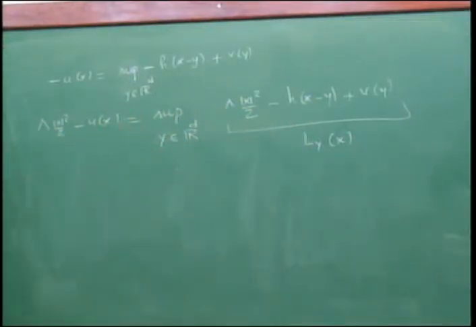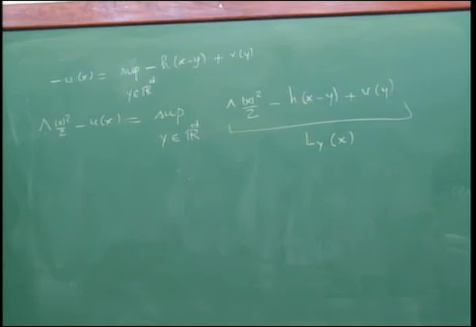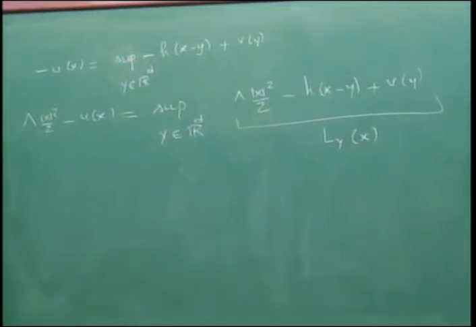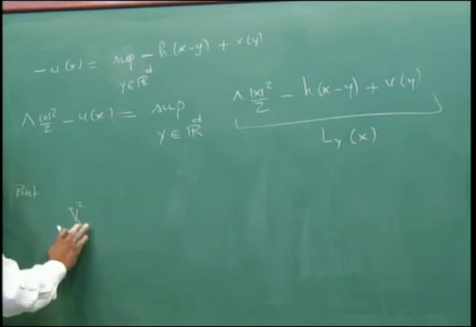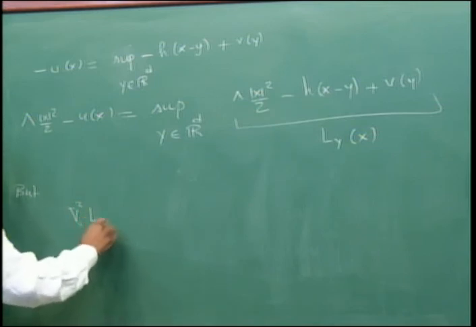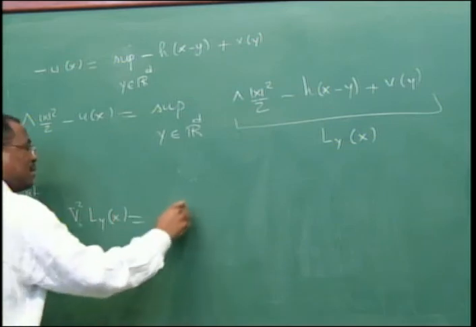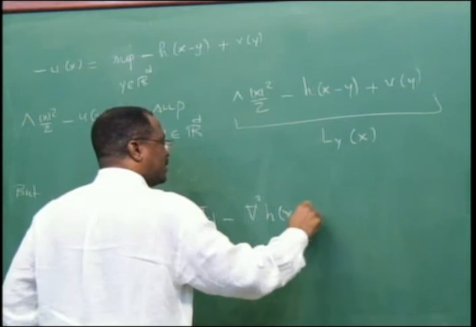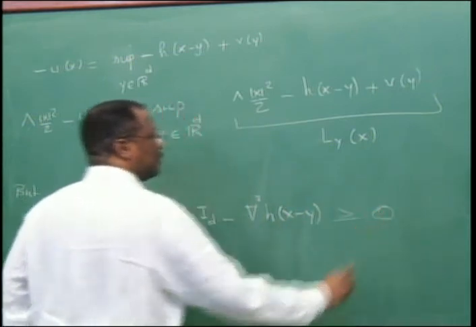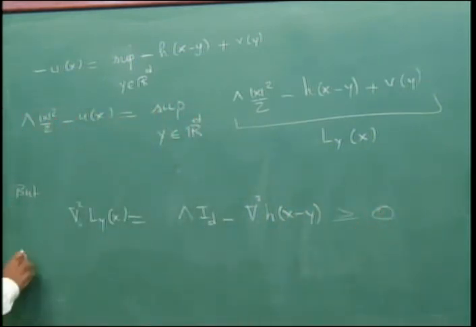The supremum of convex functions is convex. So if I can show that for each y, L_y of x is convex, I am done. For smooth functions, convexity is equivalent to the second derivative being non-negative. But the second derivative with respect to x of L_y of x is lambda identity minus the second derivative of h at (x minus y), and this is non-negative.